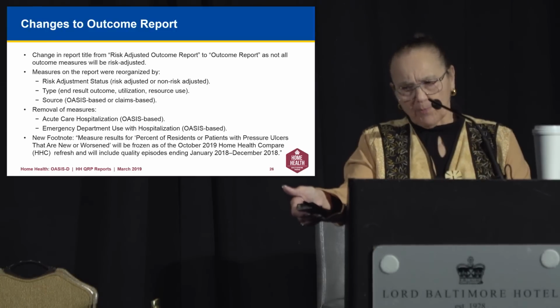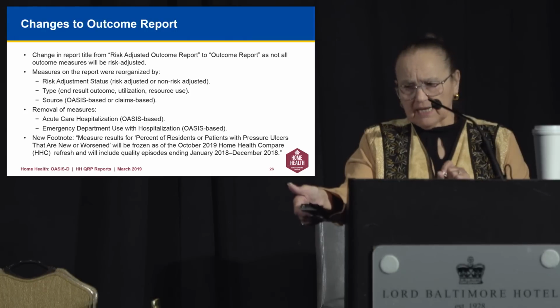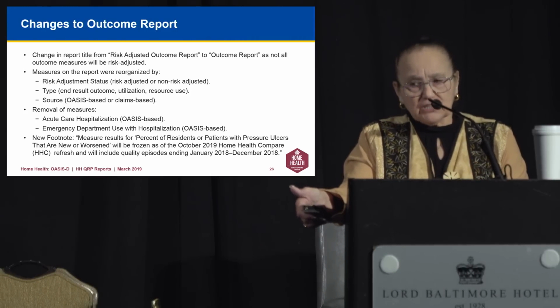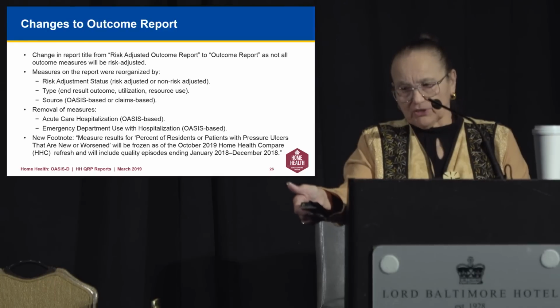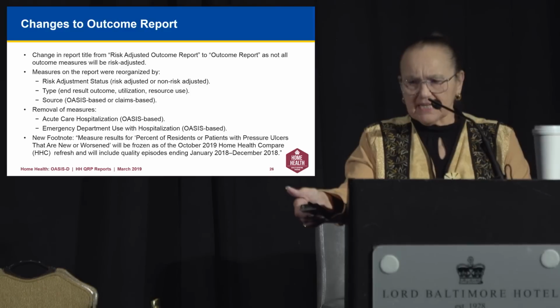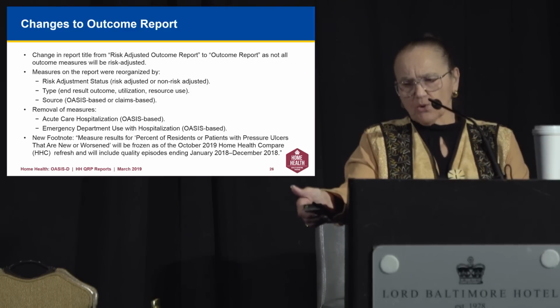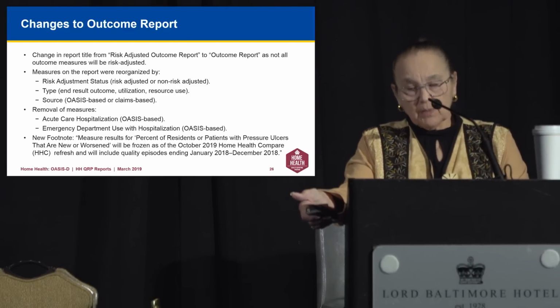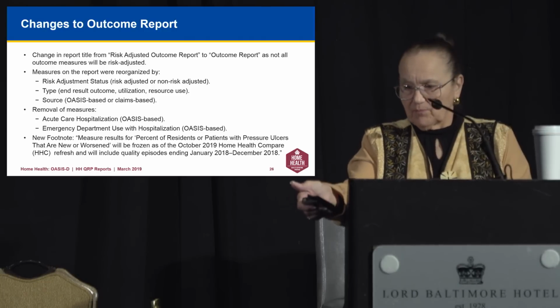What type of a report is this? What type of a measure is it? Is it an end result outcome? Is it a utilization or resource use? And then finally, what is the source of this data? Is it Oasis-based or claims-based? Because that does make a difference.